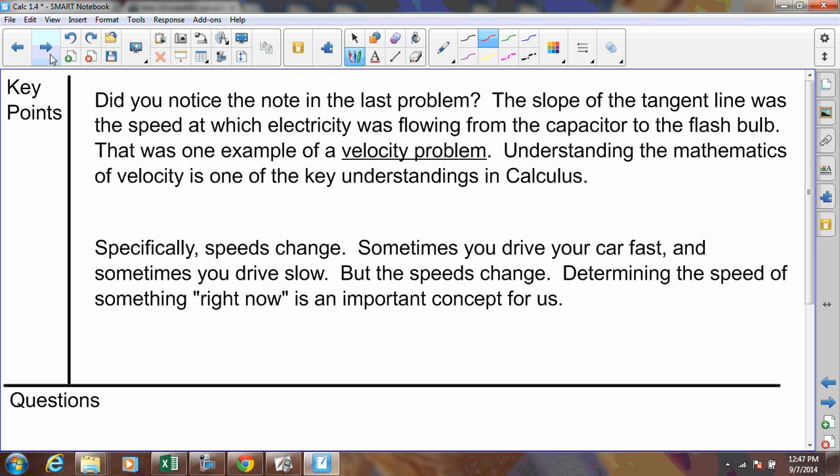But one of the things that's important is you don't want your speedometer to say, well, 5 miles ago you were driving 70. Your speedometer is indicating right now this is how fast you're driving. Right now, this is your speed. And that concept of right now is what's going to be important for us.